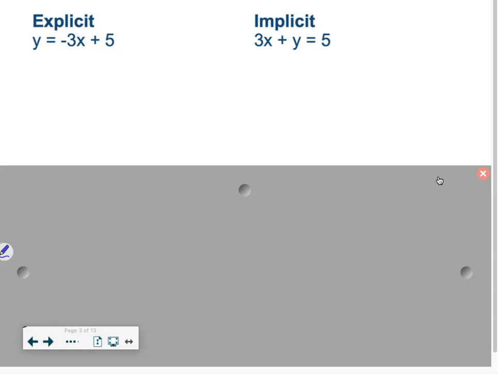All right, so it has to be solved. One variable needs to be isolated, but the variable needs to be what's called the dependent variable. So the output, right? It has to be solved for the output variable. So an explicitly defined function, I'm just going to write in simple lingo, just means it's solved for y.